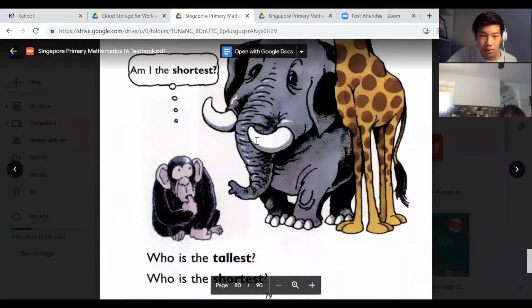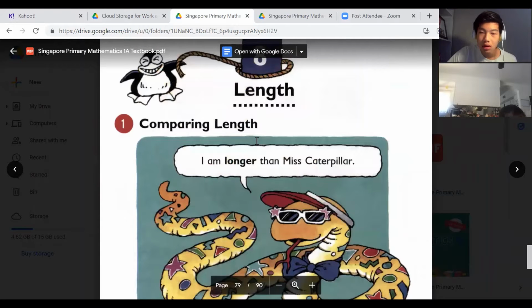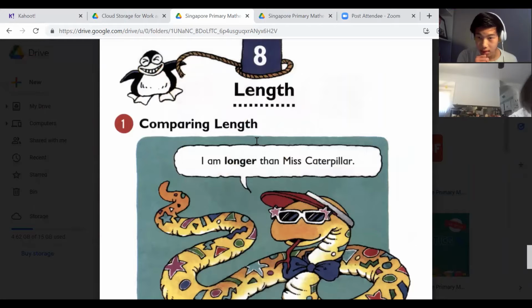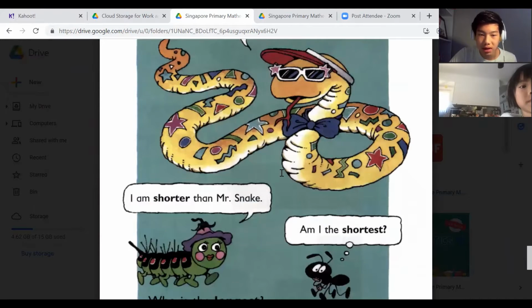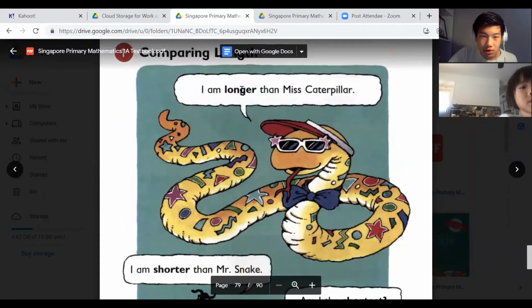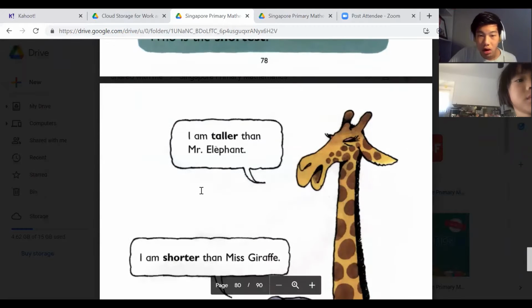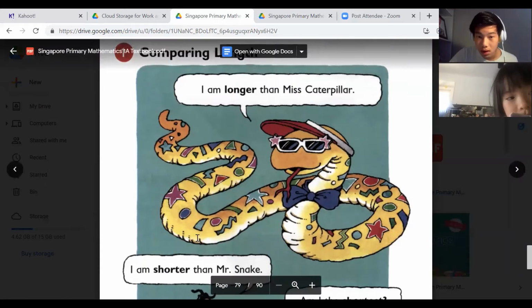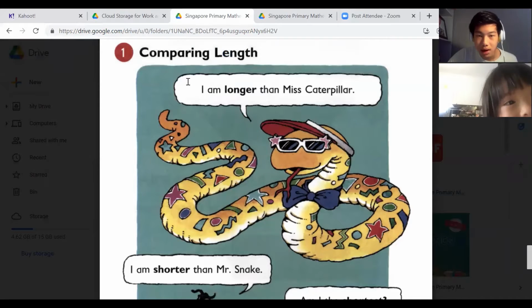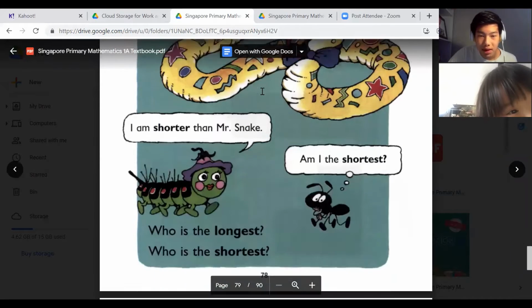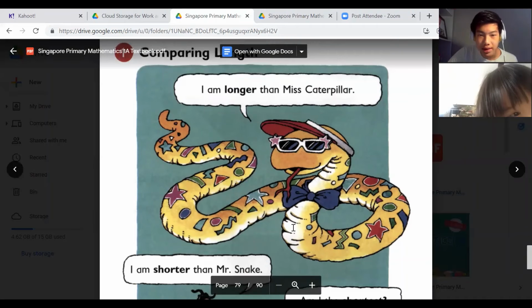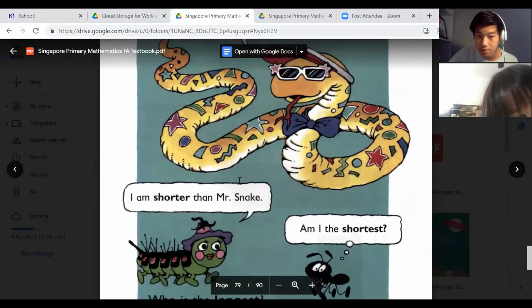Okay, so if we go to unit 8, it is all about length, okay? And so words we can use to describe length, you see here, are longer and shorter. Those are one of the most basic ones. You also have taller and shorter. And so basically, if we look at this picture, we can see that this snake is longer than the caterpillar, okay?